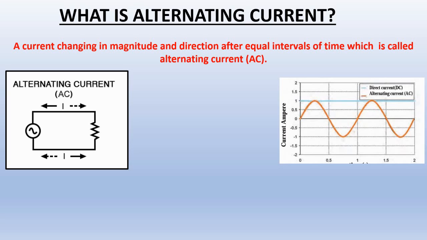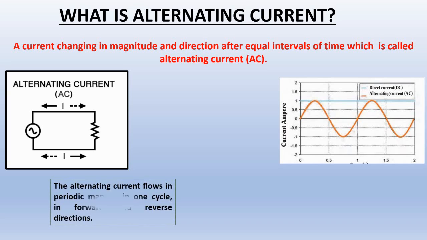This is the circuit diagram where we can see there are arrows shown. That means the electrons move back and forth. The direction of the current, also the magnitude, changes after equal intervals of time. The alternating current flows in a periodic manner in one cycle in forward and reverse direction.